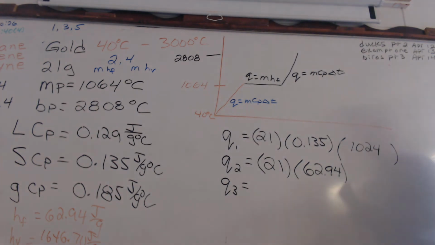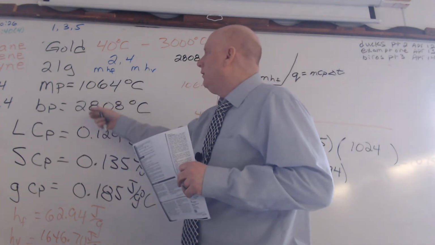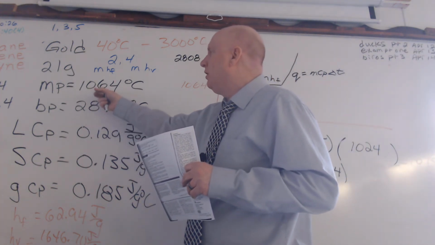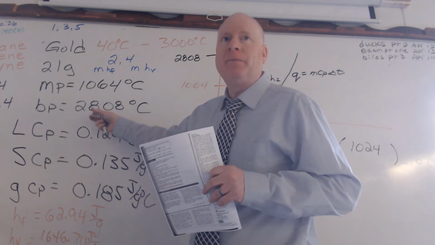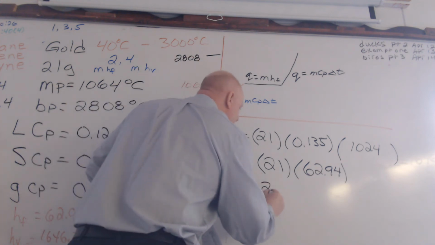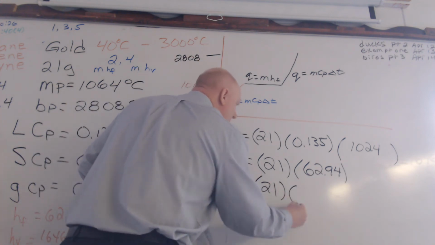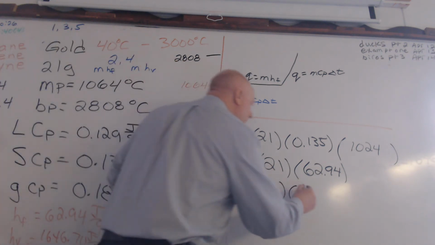But in this case, again, we're dealing with gold, so we subtract the melting point from the boiling point. That's your change in temperature. Okay, so 21 times the specific heat for liquid gold, which we said was 0.129.